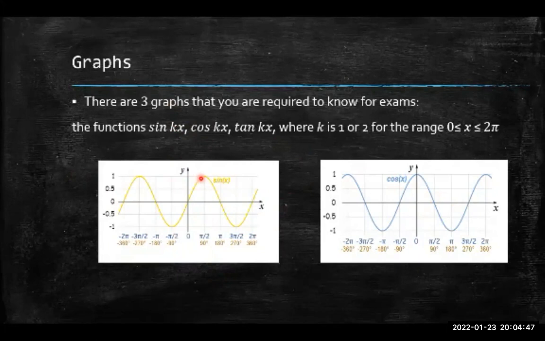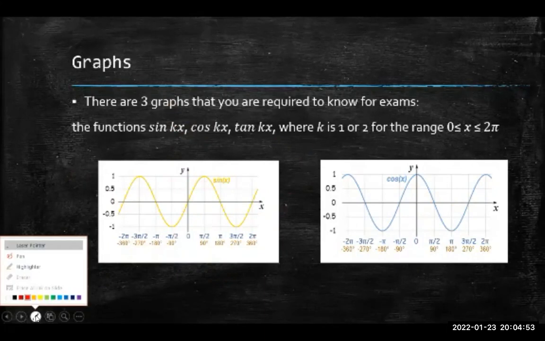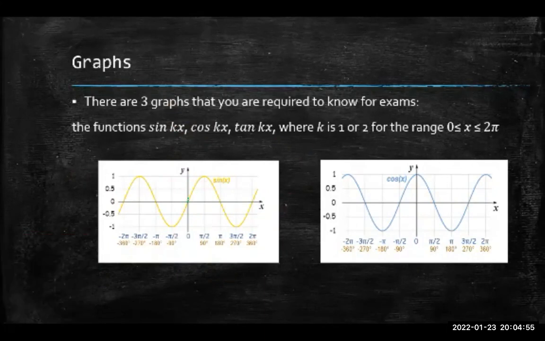Notice this. For my physics people, this top part is called the crest of the wave. Anybody doing physics would know this. And notice that the peak for the sine graph is at 90, which is also known as pi on 2 radians.